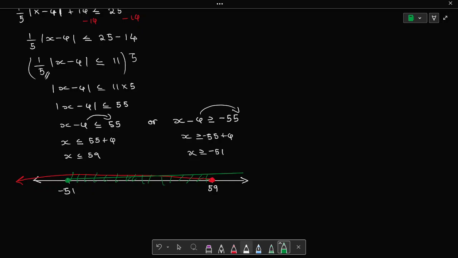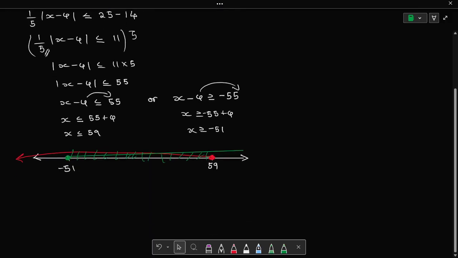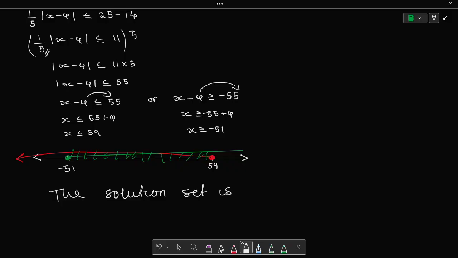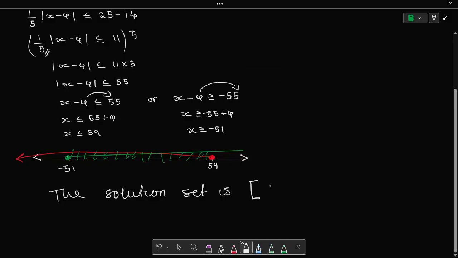So your answer is going to be that the solution set is, oh no, we're not using parentheses, we're using this type of brackets, [-51, 59].